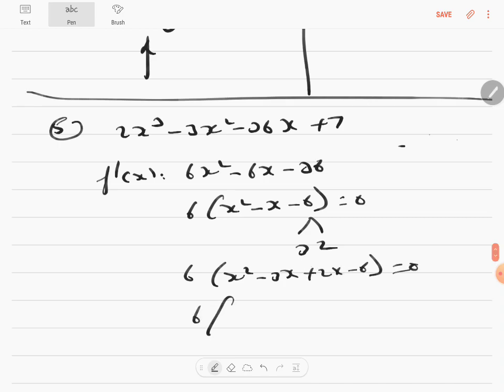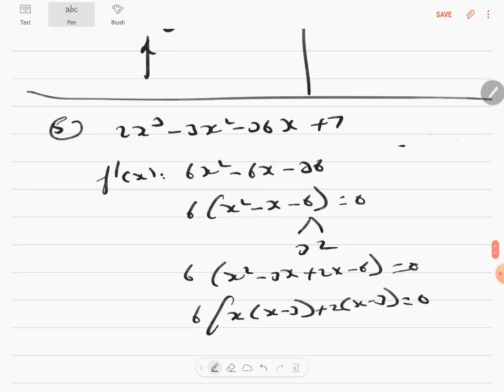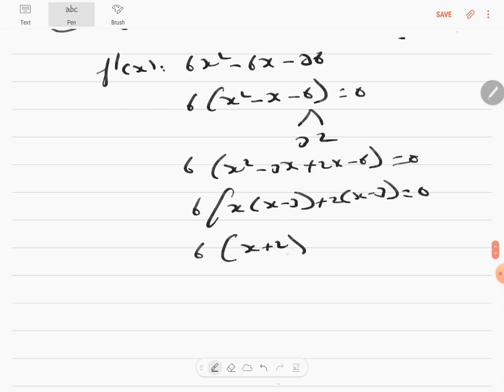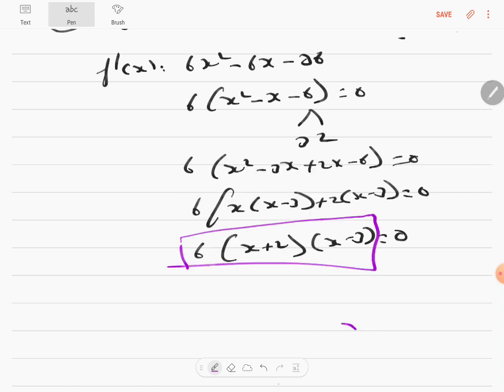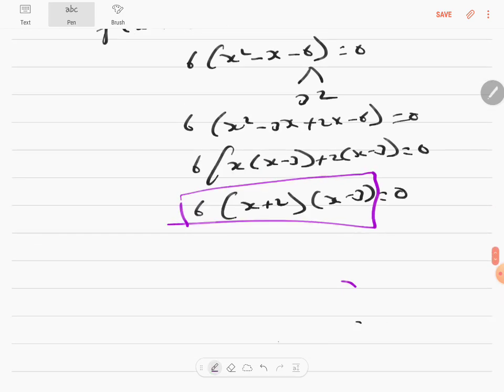So 6 into x minus 3 plus 2 into x minus 3 is equal to 0. 6 into x plus 2 into x minus 3 is equal to 0. So this is your slope. From here you know x has to be equal to minus 2 and x has to be equal to 3.